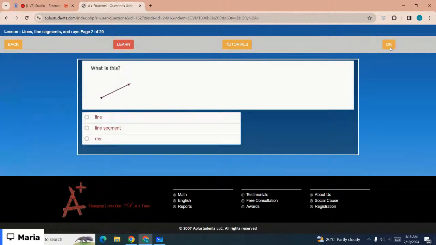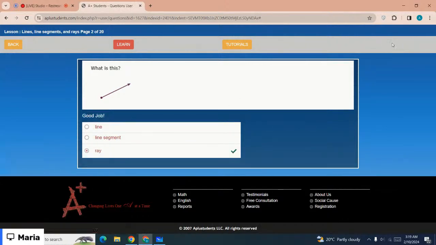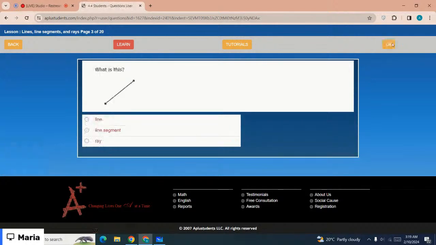What is this? Line segment, ray, which is the correct option? That is a ray, right? Because you can extend it on one side, so that is a ray. What is this? Line segment, ray.